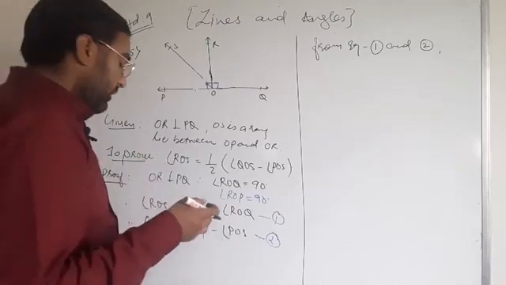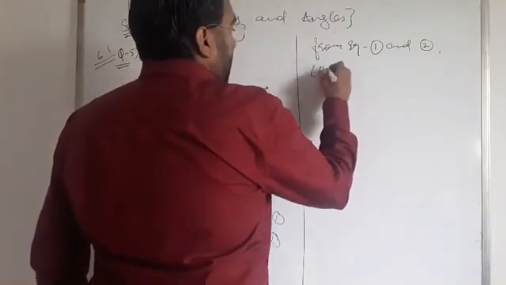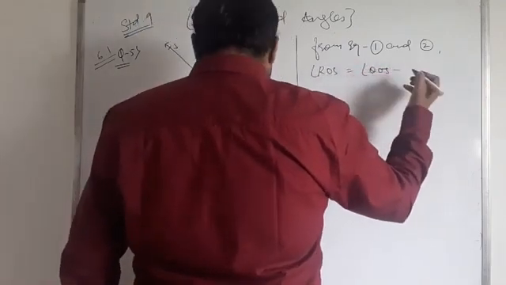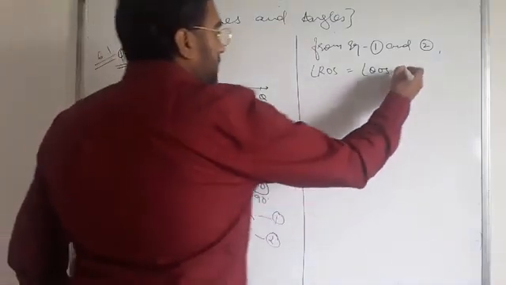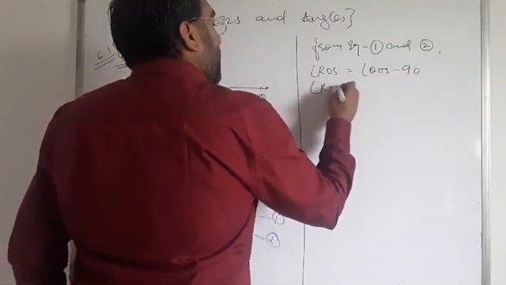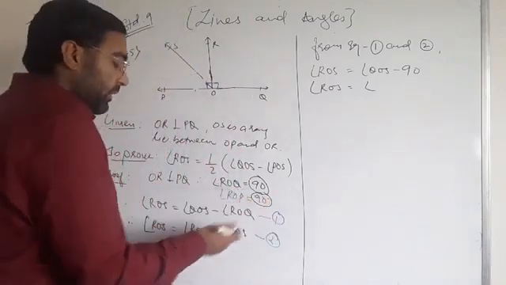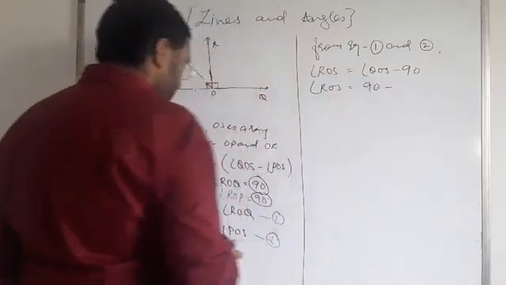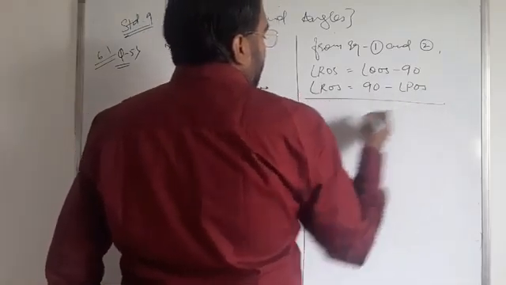So after adding them: ROS is equal to QOS minus ROQ, which is 90 degrees, so I'll write it here as 90. And the second one, ROS is equal to ROP, which is also 90 degrees, minus POS. So now we have to add them.